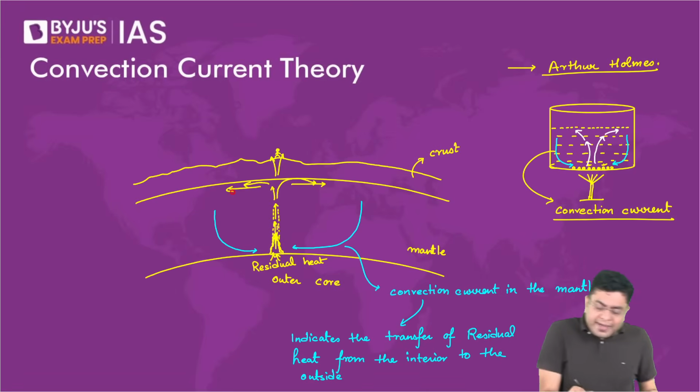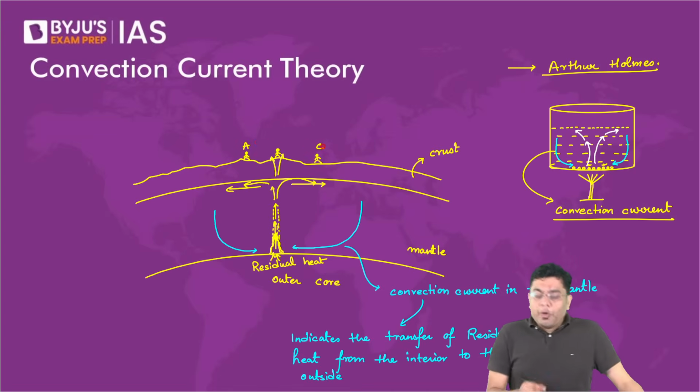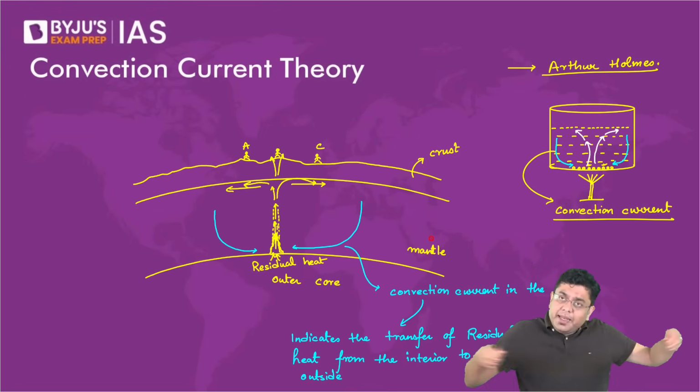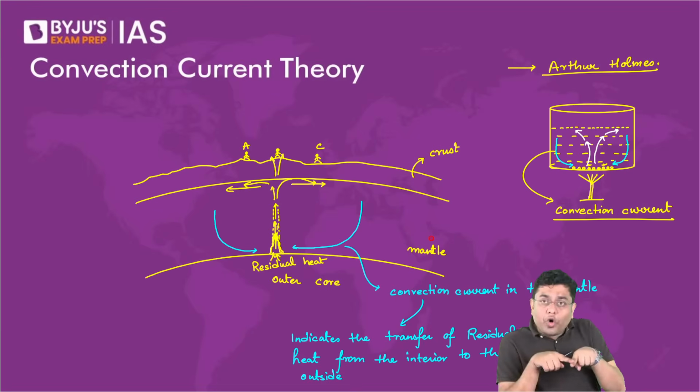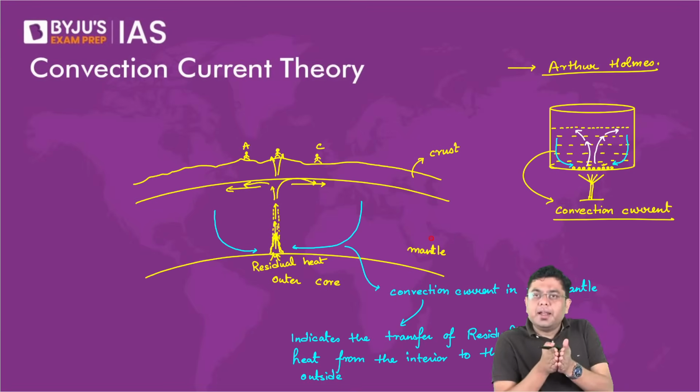Now, let's suppose an individual is standing here and an individual is standing here, A and C. What is it that A and C will observe? The heat is basically pushing them apart. So, due to that horizontal movement of heat, what will you have? The land can get drifted.